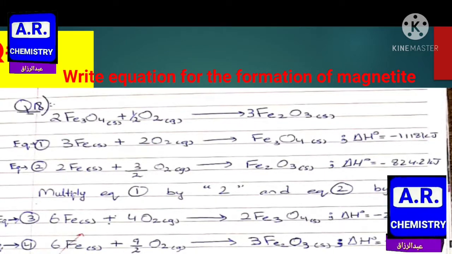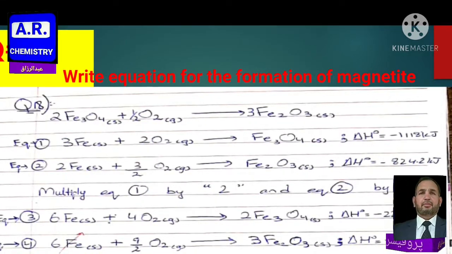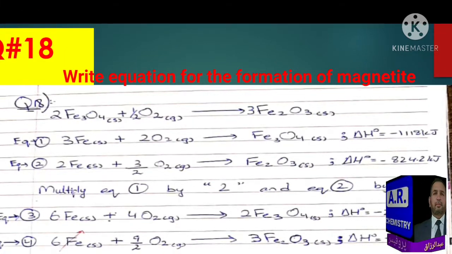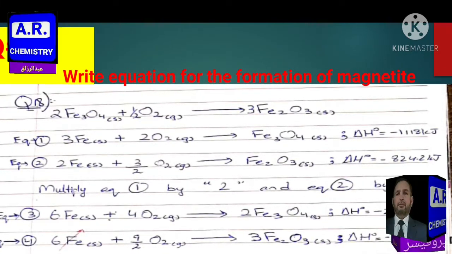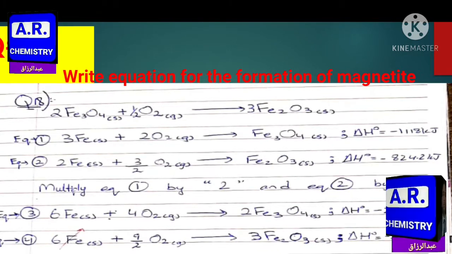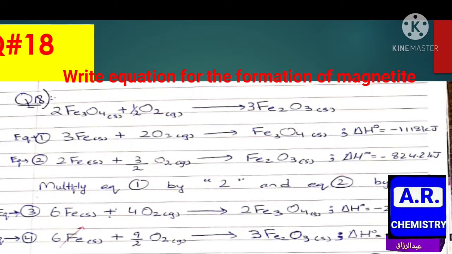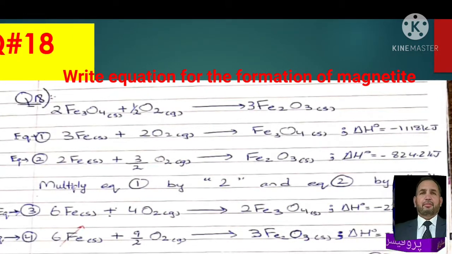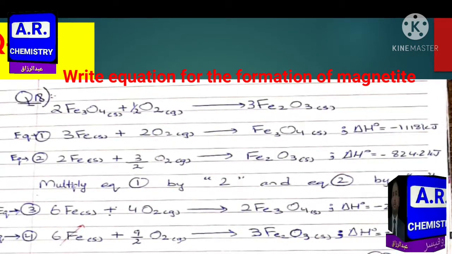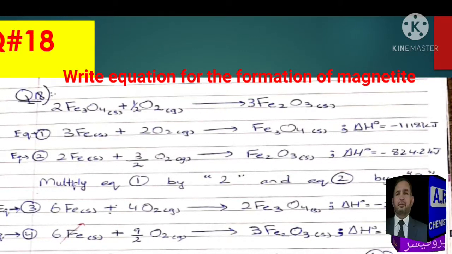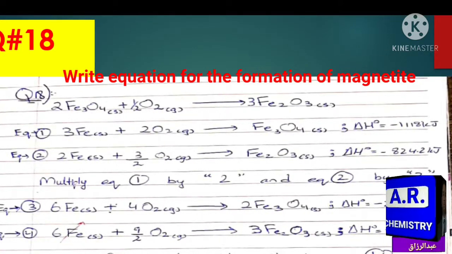After that, write the equation for the formation of magnetite, that is given as equation 1, which you are watching on the screen. Iron plus O2, and the product is Fe3O4, that is the formula of the magnetite.